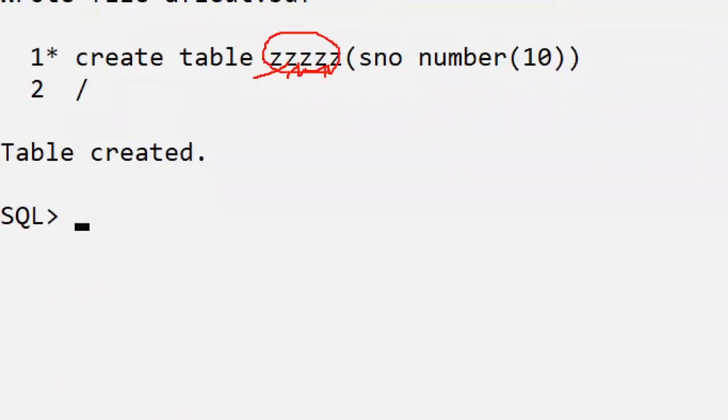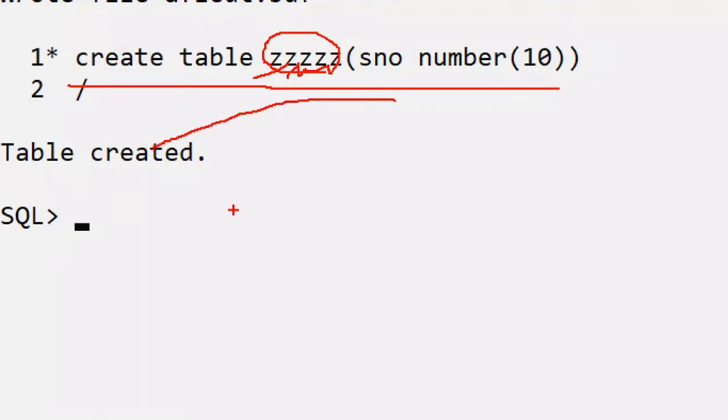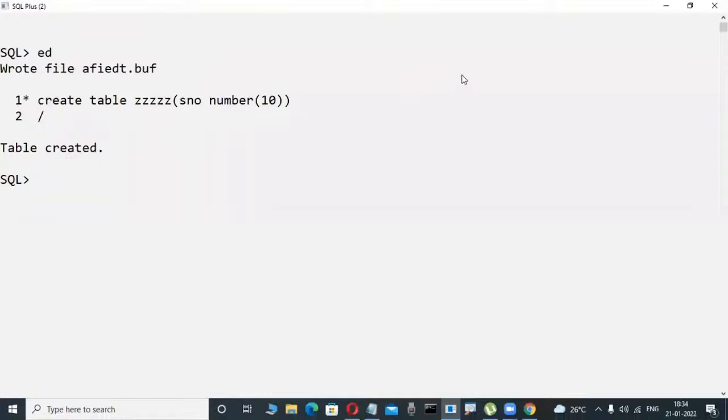Z is the name I am giving. The table I'm creating is only in my Oracle database, or SQL Server database, or MySQL database. The table is created. Slowly observe it here.